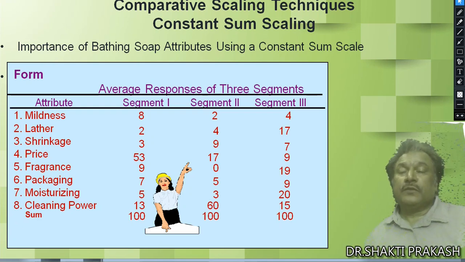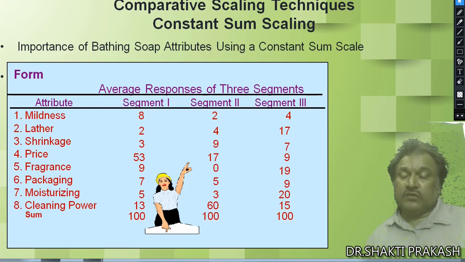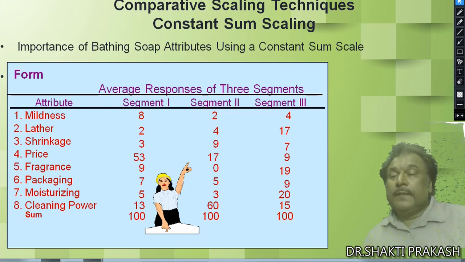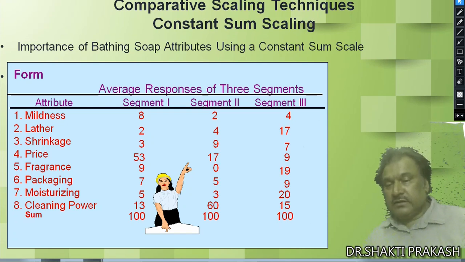This is under the constant sum, which means here the constant sum is 100. Within the 100, marks for the 8 attributes will be decided. The respondent will decide all the marks within the 100. Like in segment 1, it is 53 for the price. It's the most important.